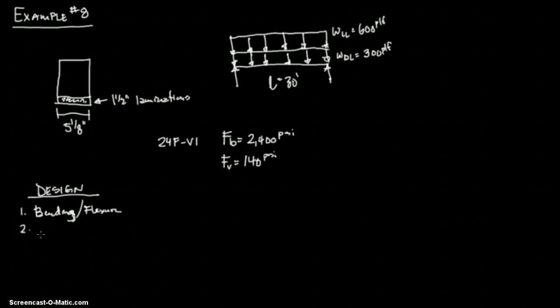Then number 2, you want to check shear, and then you want to check deflection. Sometimes they call it deformation. We'll call it deflection because that's what I'm used to calling it. But it's saying that we don't have to do this.